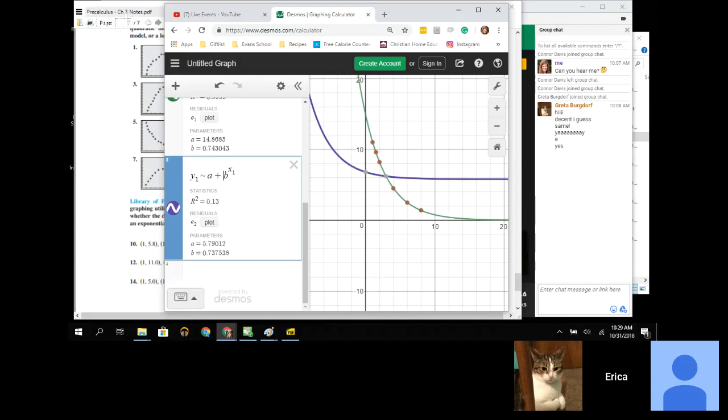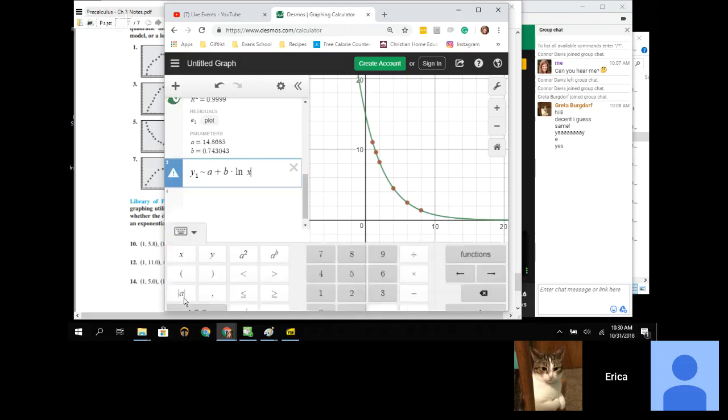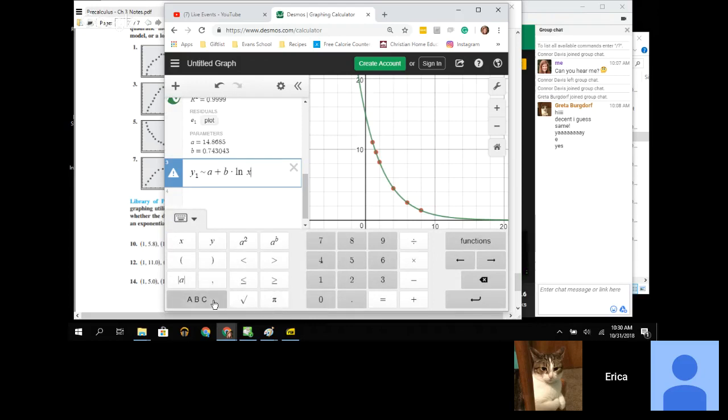B. So I'm trying to model like something like in problems number 19 through 22, but it's probably not going to work very well because this is not the right model for my data, right? But I still just want to show you that if you type it in, you can get a model for it. It just might not be a good model.